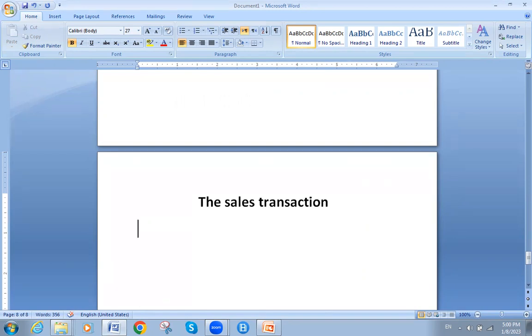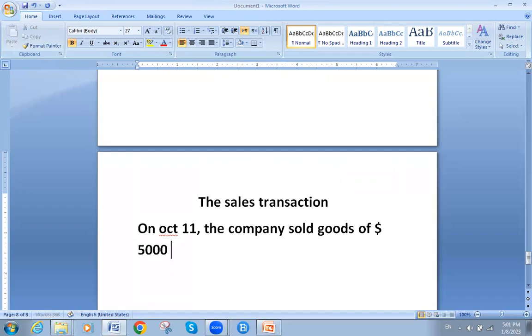Let's take first the cash sales. On October 11, the company sold goods of $5,000 in cash.